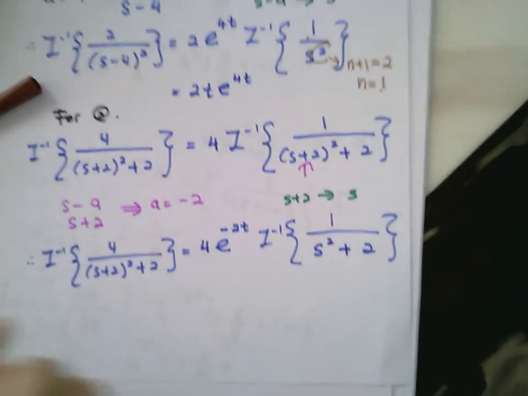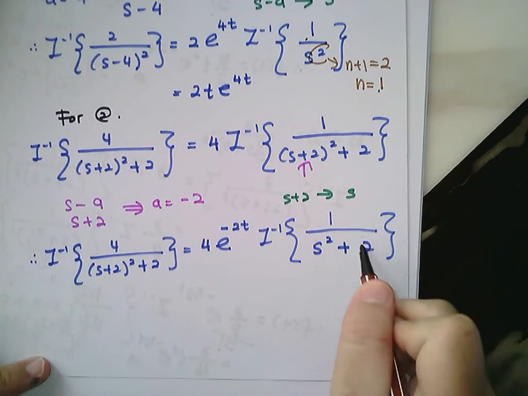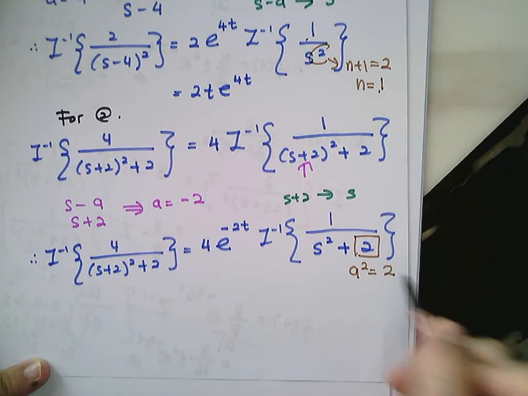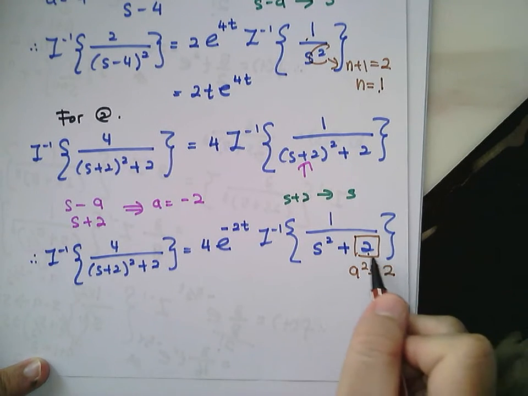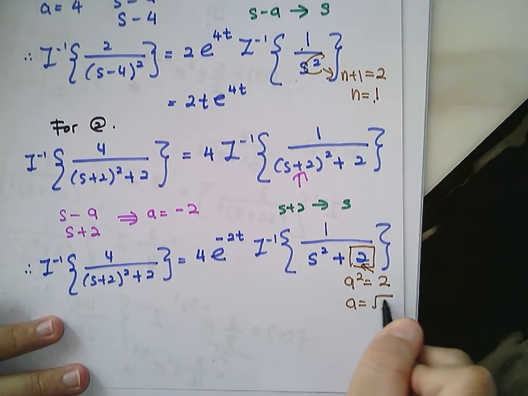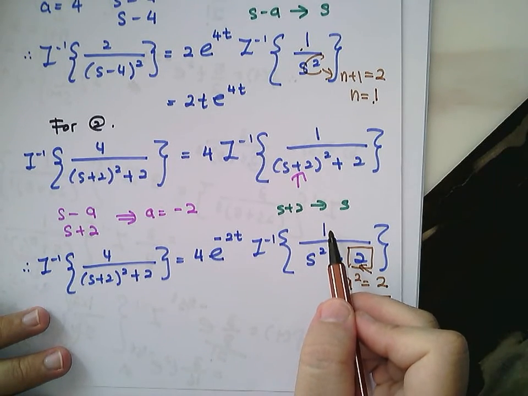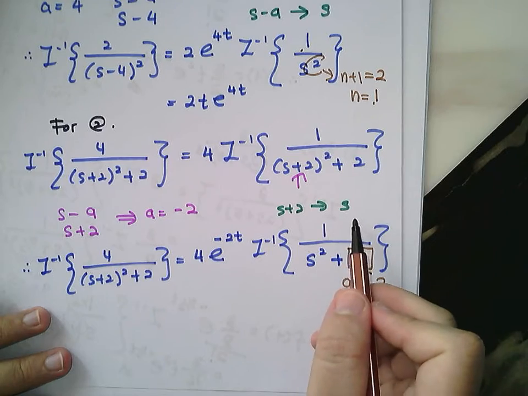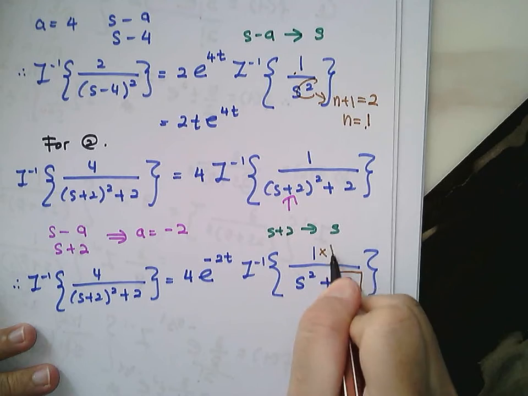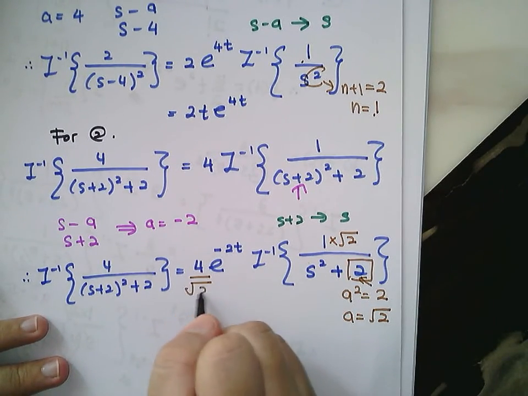So now by looking at your function here, you know that your a squared is equals to 2, which is this one, referring to this one. Okay, so your a is equals to root 2. So supposedly for the numerator part, it should be root 2. Then only it can be sine function. Okay, so therefore you need to multiply by root 2, and this one you need to divide by root 2.